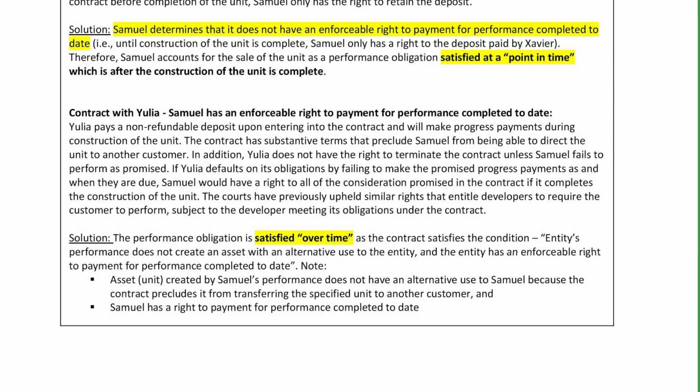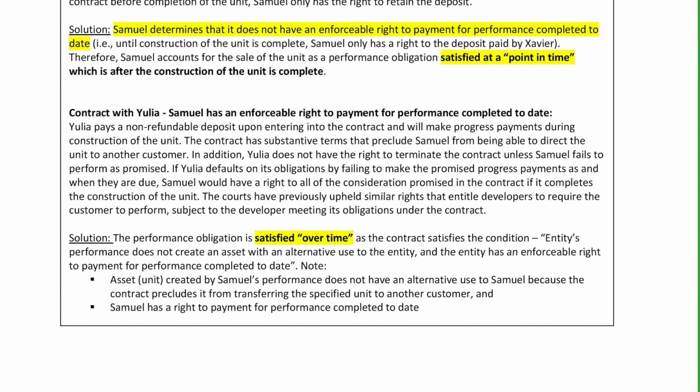So basically, this is one of the three criteria that we had seen on the previous page regarding a performance obligation being satisfied over time. And we said any one of the criteria needs to be met.